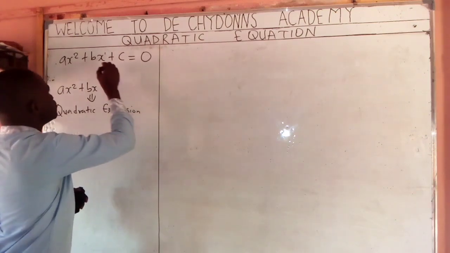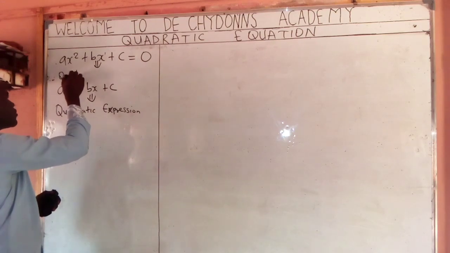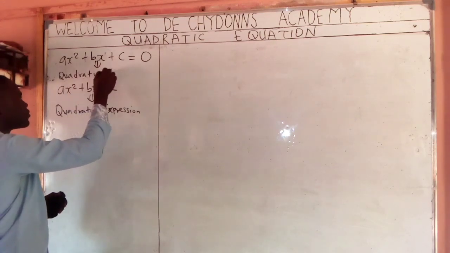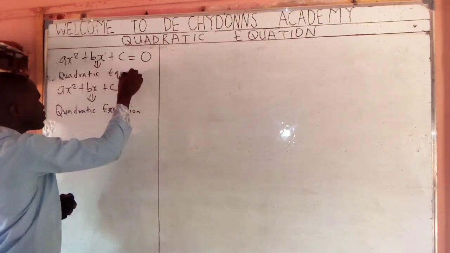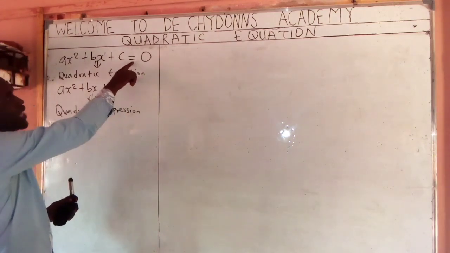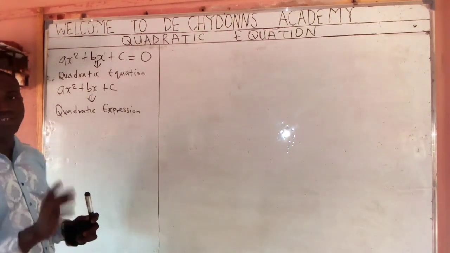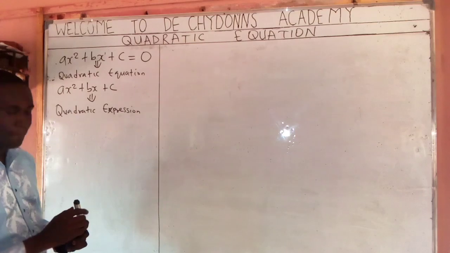Why is this called a quadratic equation? Because it has an equality sign. Why is this called a quadratic expression? Because it does not have an equality sign.